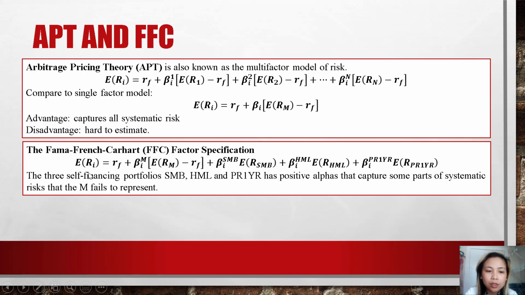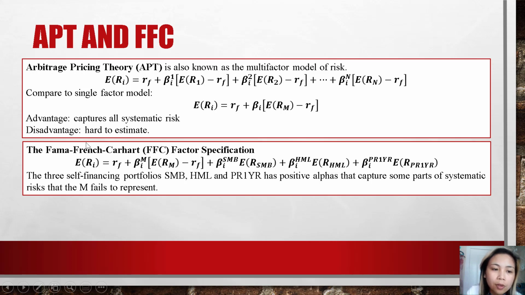We got the expected return of Ri here is equal to RF plus beta iM times the expected return of RM subtract RF, plus beta i SMB times the expected return of SMB, plus beta i HML times the expected return of HML, plus beta i PR1YR times the expected return of PR1YR. Here, the market portfolio is the only risky portfolio, so we have to subtract RF.